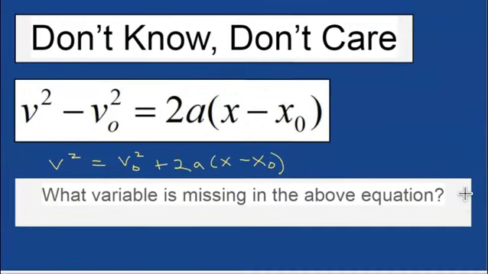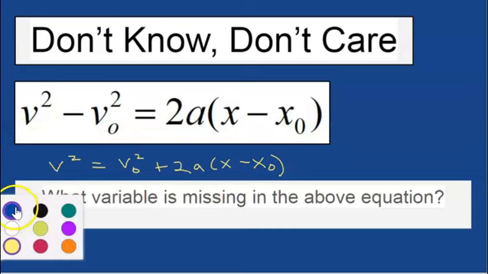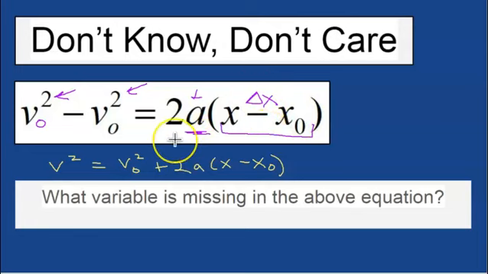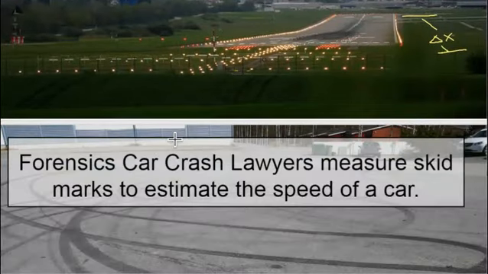So you would say, I know how fast I'm going, my v naught. I know I better bring that plane to a stop, that's 0. I know in general how quickly my plane can decelerate, and I want to know what is this delta x. What is the length of the runway I need?